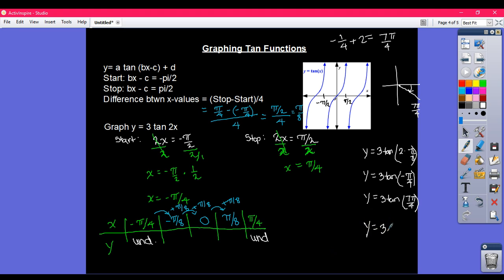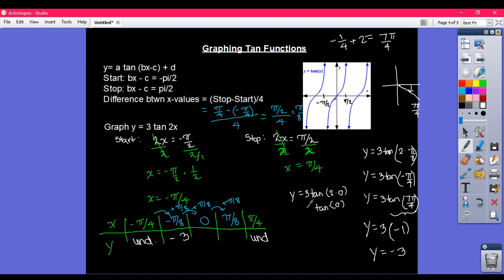From here, we have to apply the unit circle. What is the tangent value of 7 pi over 4? And that would be negative 1. And then we have negative 3. If I were to replace the x with 0, and I'm going to work it out here, 3 times tangent of 2 times 0, well, 2 times 0 would give me 0.